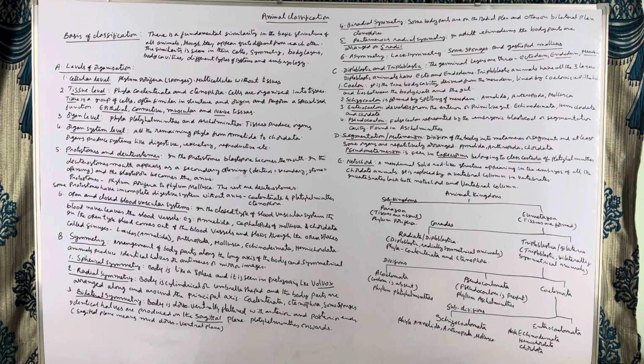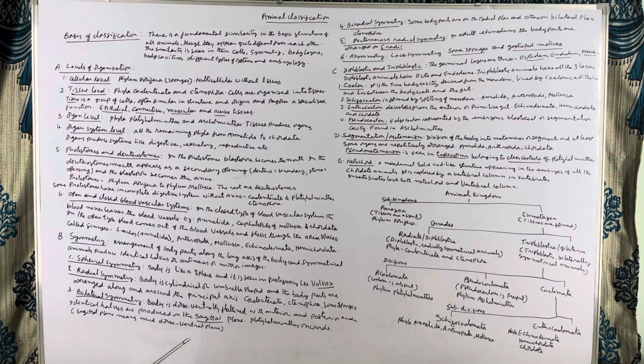Then bilateral symmetry. In the case of bilateral symmetry, there is only one principal axis, that is the anterior-posterior axis. These animals have an anterior end, posterior end, dorsal surface, ventral surface, and also lateral surfaces.